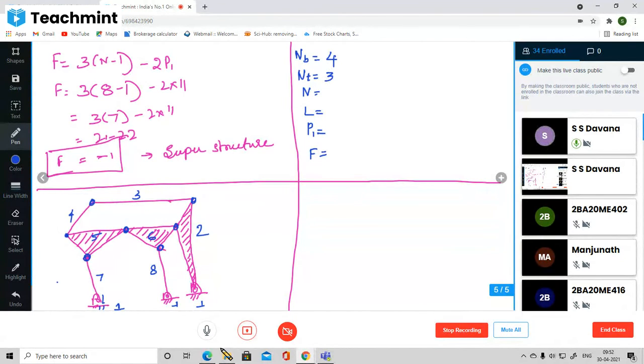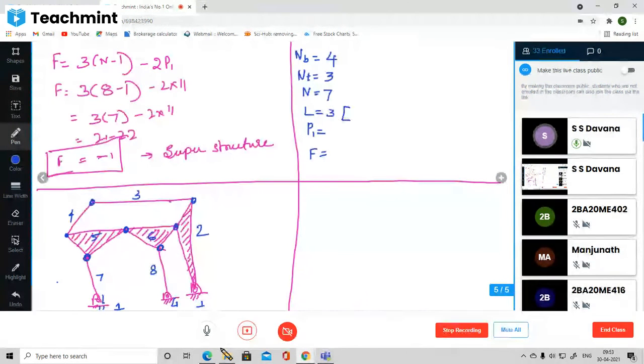Now, total number of links 7. Now, how many loops do we have here? You consider link 1 also. Okay. So now it has 3 loops here.